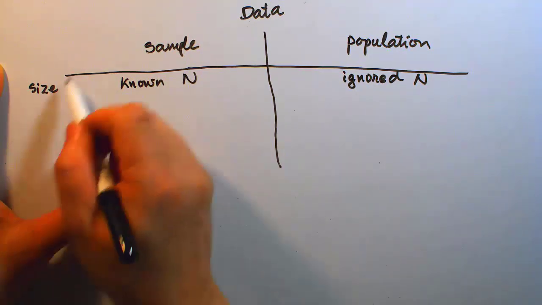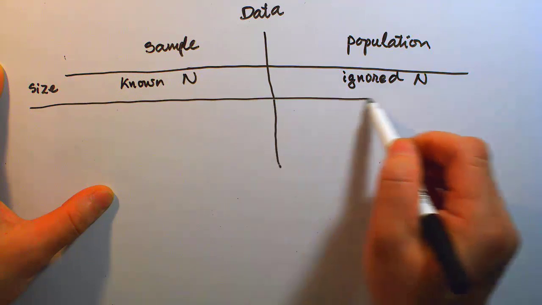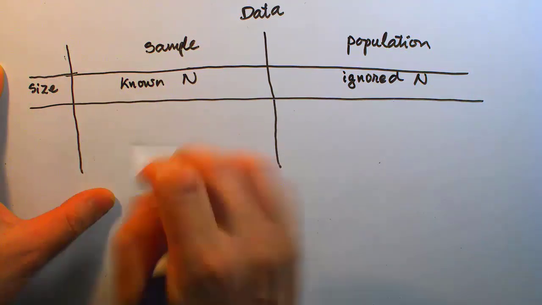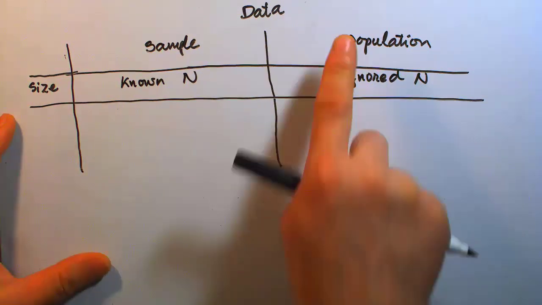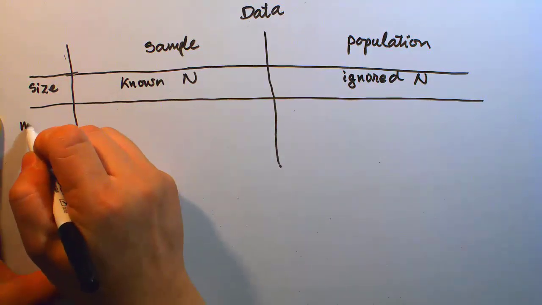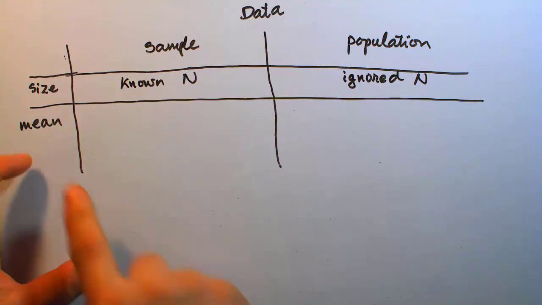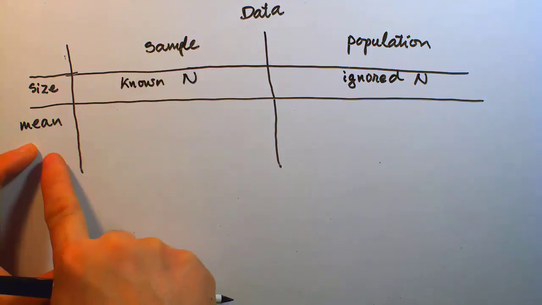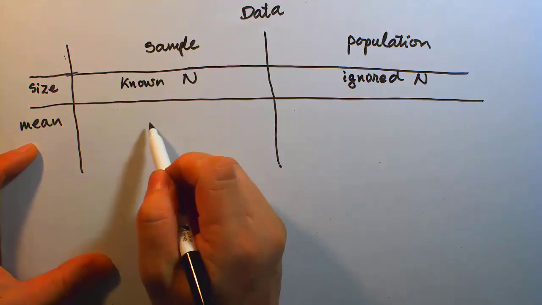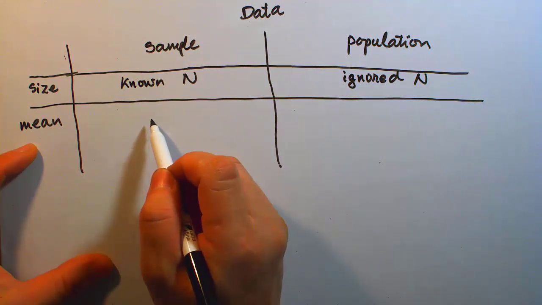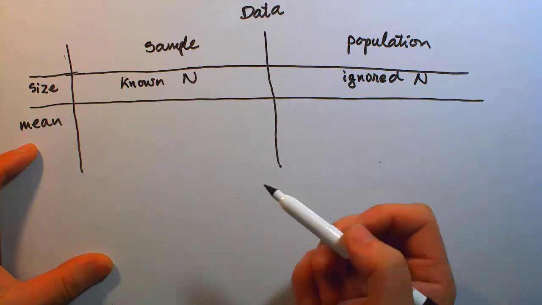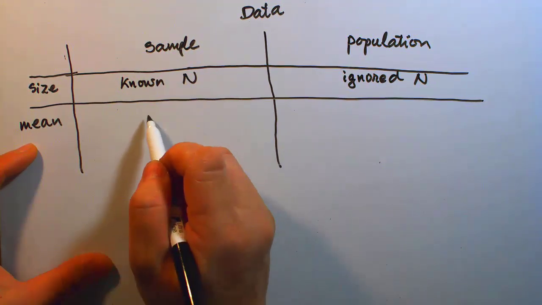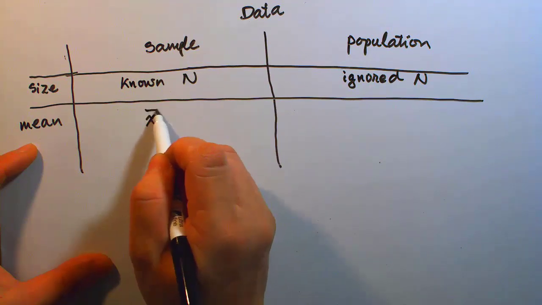And then in either setting, whether you are working with sample data or population data, we can always find a mean value. The mean value in sample data is regarded as a sample mean. Throughout the quarter until now, we have been using the symbol X bar.